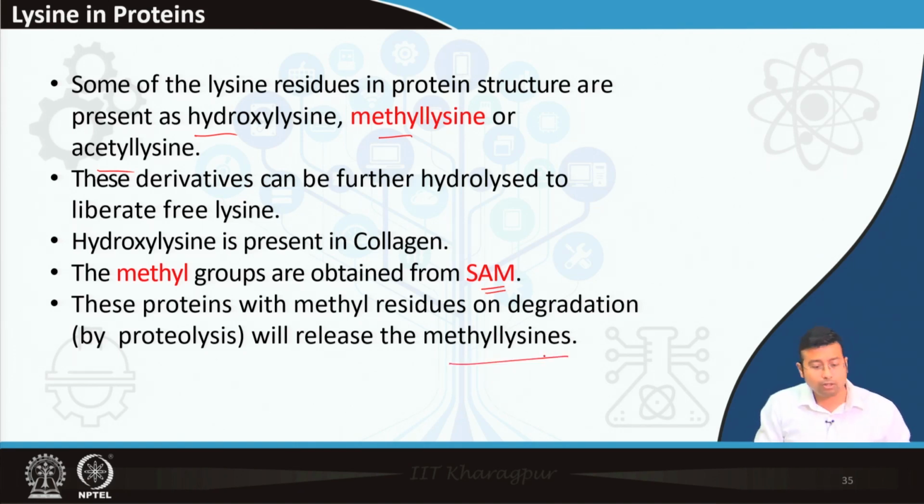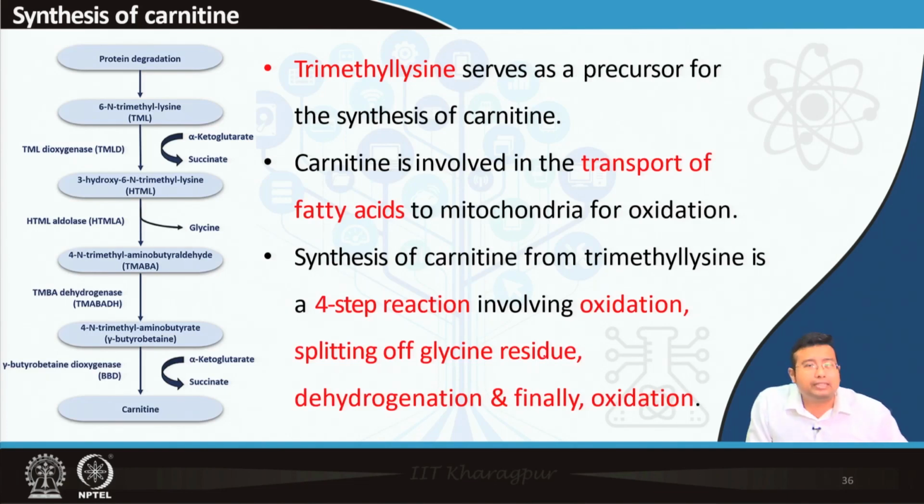So, why do we need to know about methyl lysine? Because methyl lysine is a precursor for carnitine synthesis, right. So, these are the steps by which carnitine is synthesized, okay.